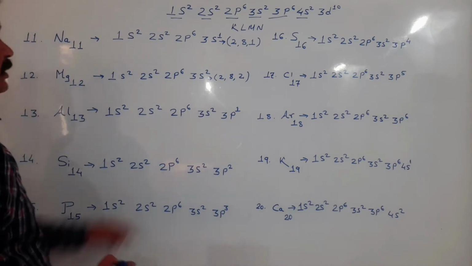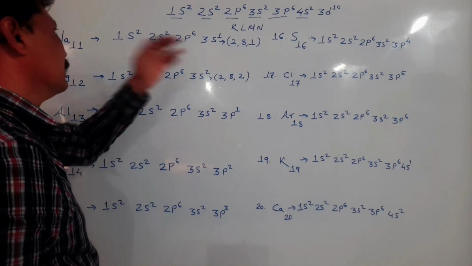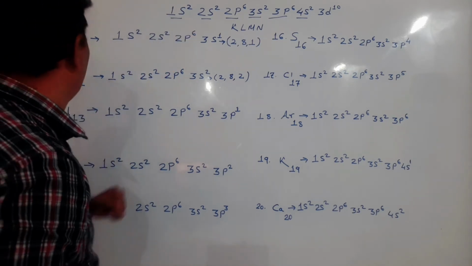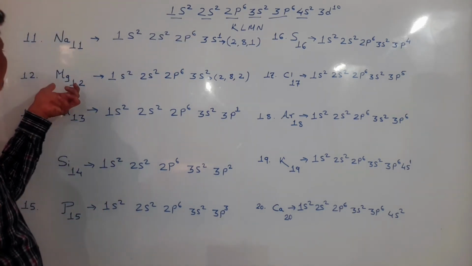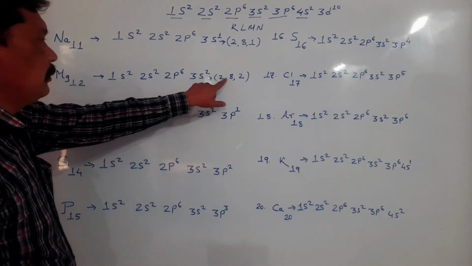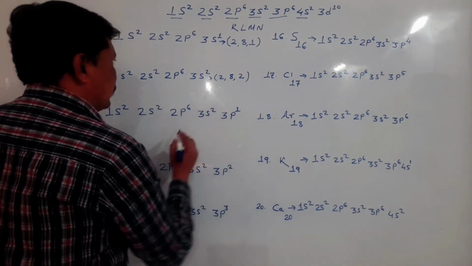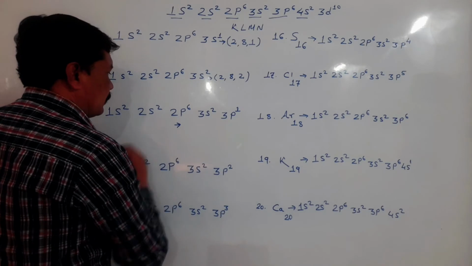So electronic configuration will be 2, 8, 2 according to Niels Bohr, and the number of electrons is 12. 8 plus 2, 10, 11, 12. So the answer is correct.